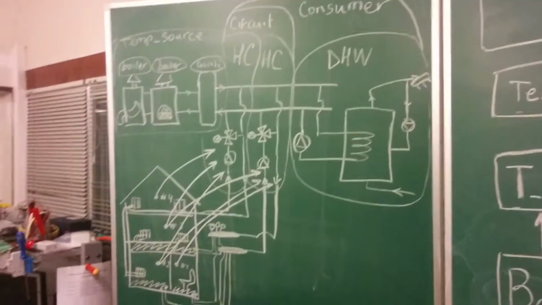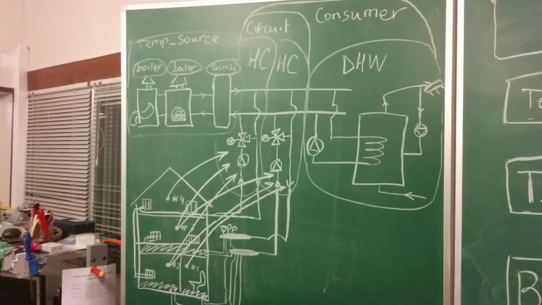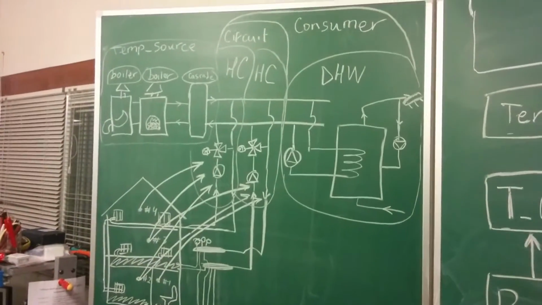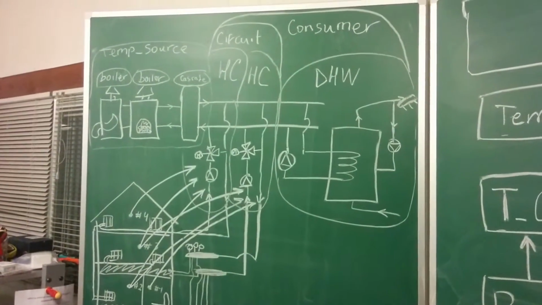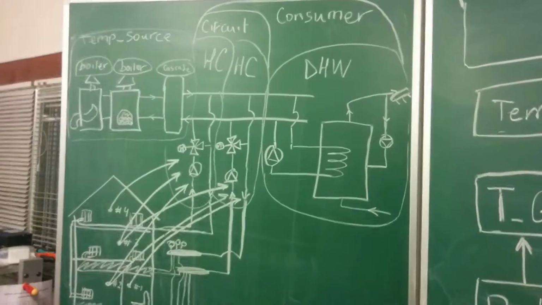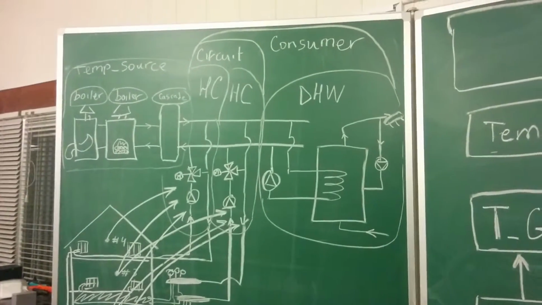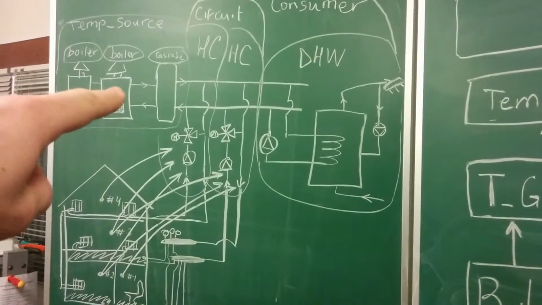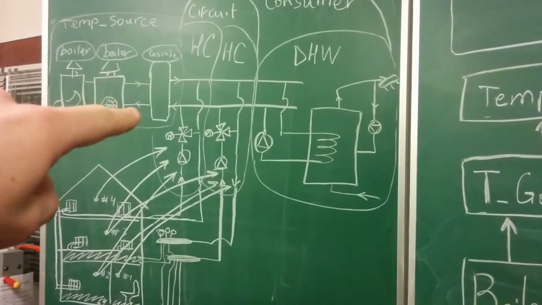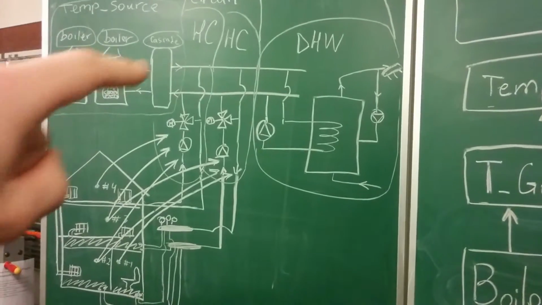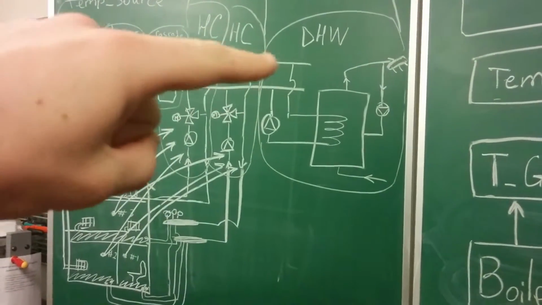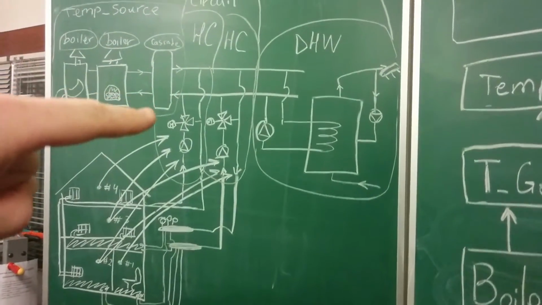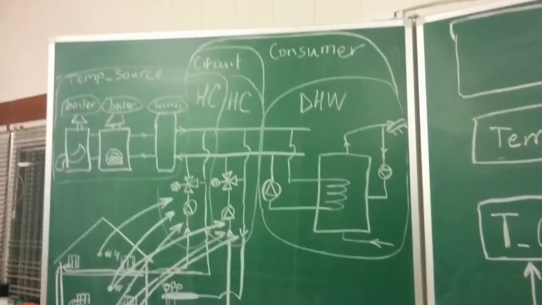So here is a heating system you could usually find in Russia without any problem. You have several boilers, and for example a heating system manifold here. We call it a collector.